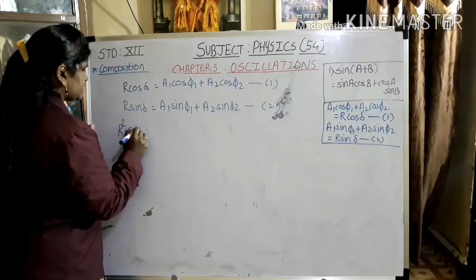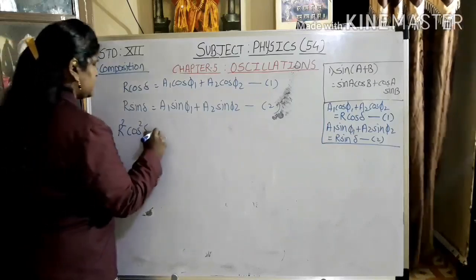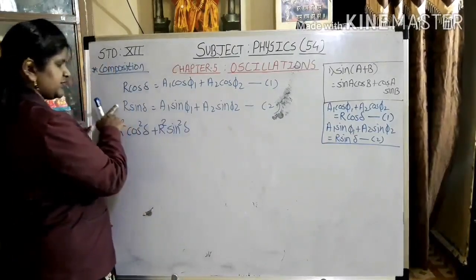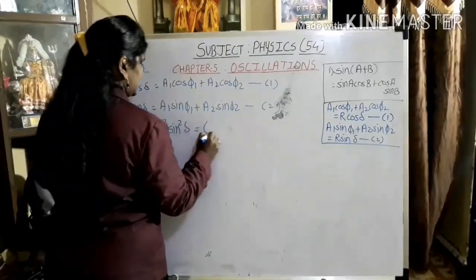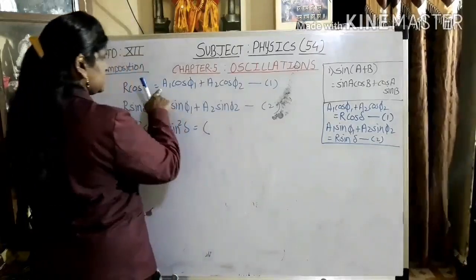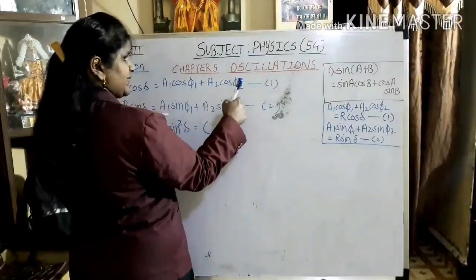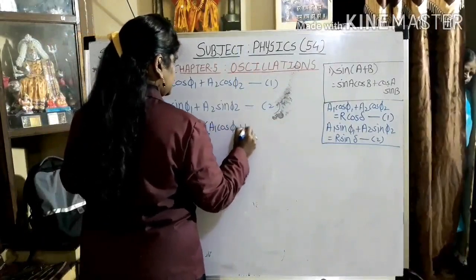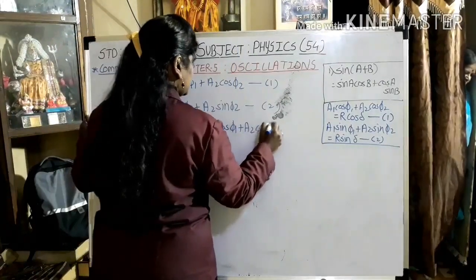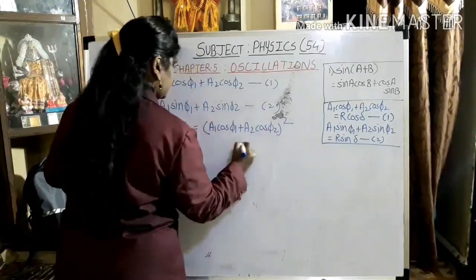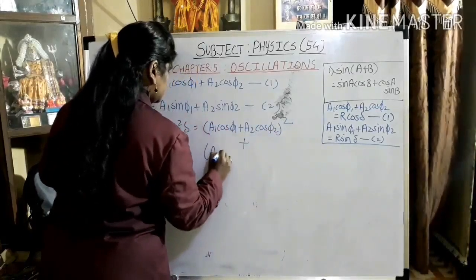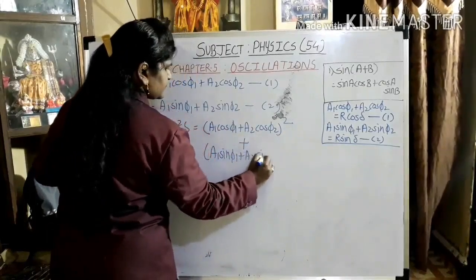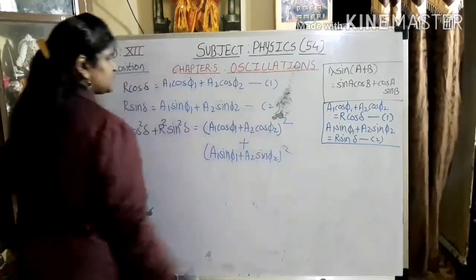R square cos square delta plus r square sin square delta at the LHS, and to the RHS bracket square plus this bracket square. So a1 cos phi 1 plus a2 cos phi 2 bracket square plus a1 sin phi 1 plus a2 sin phi 2 bracket square.